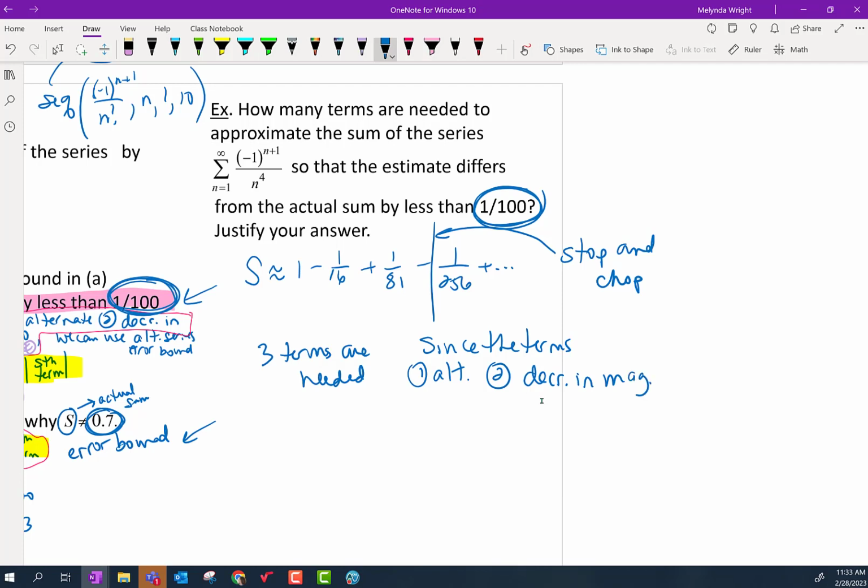Now you can't do acronyms. Please don't do any acronyms unless they're like MVT, because we won't know what you're talking about. Number 3, have a limit of 0. By alt series error bound.